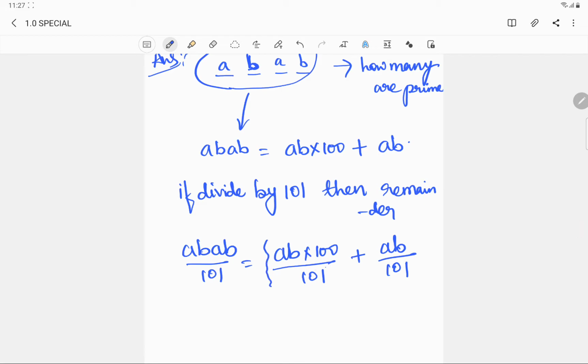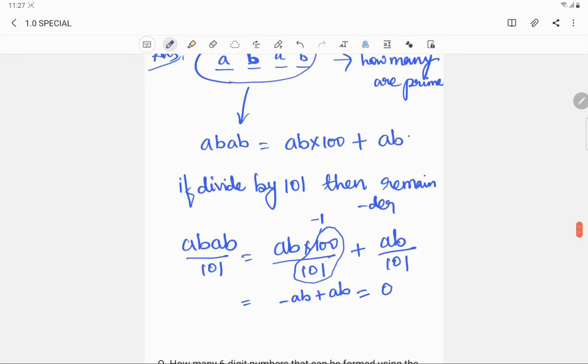For this portion, 100 divided by 101, the remainder would be -1, so this is minus AB, and for this portion the remainder would be AB, so the remainder is 0.